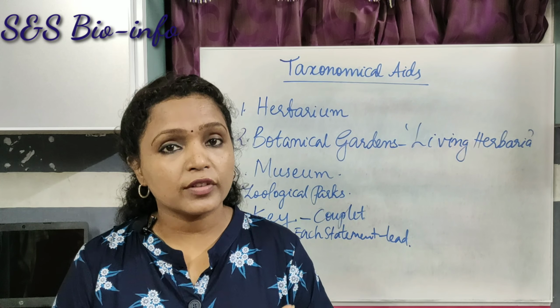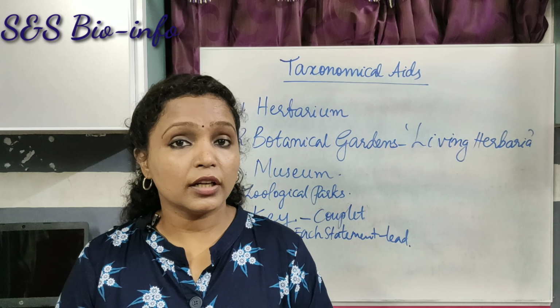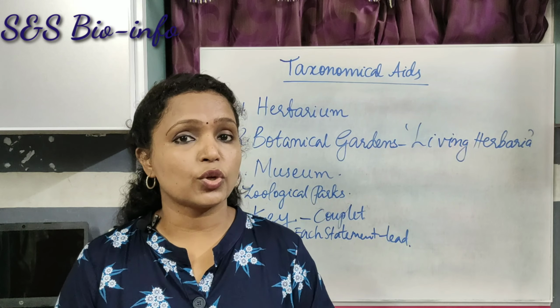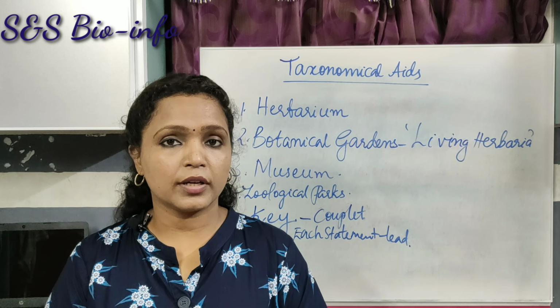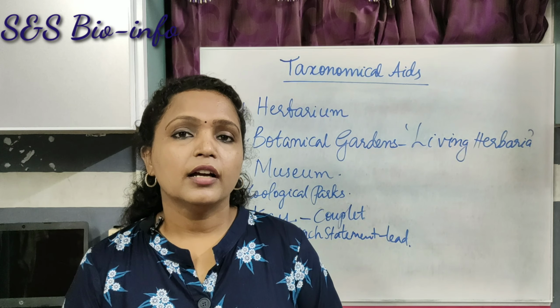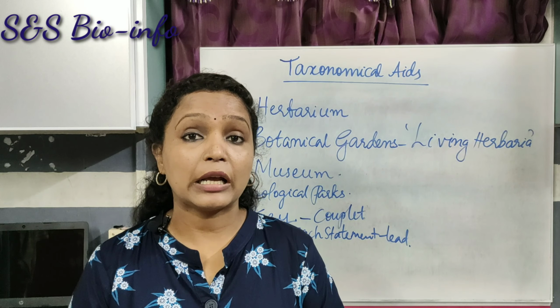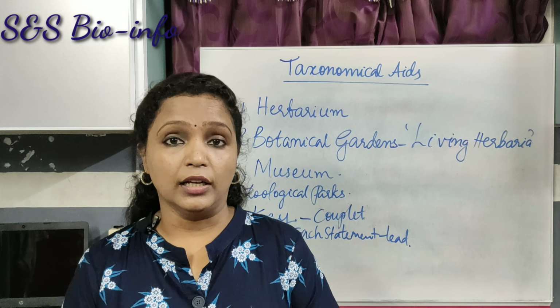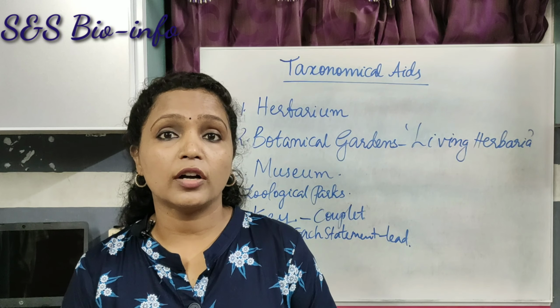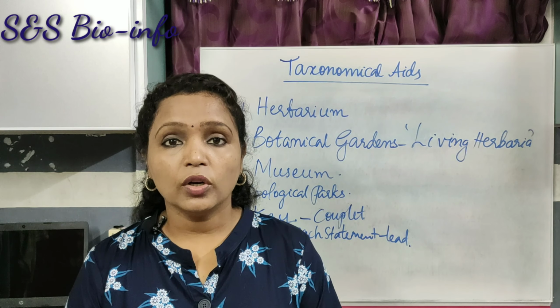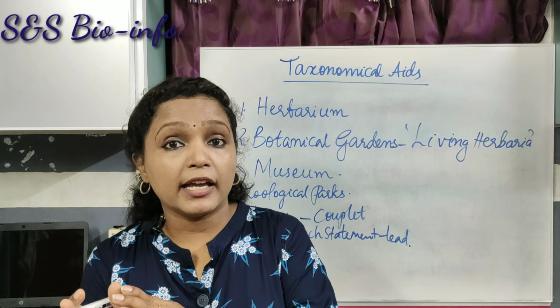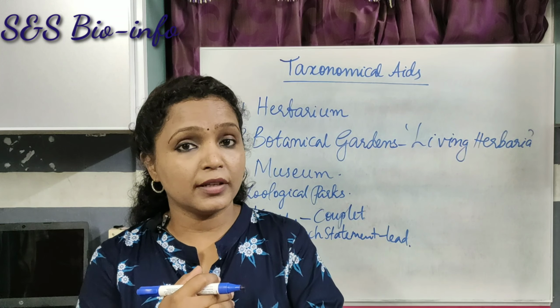There are different types of keys. Okay, this is a particular key that is based on yes or no answers. Here different taxonomic keys are required to understand more about the genus, family, species, order, class, etc. So each key is based on that particular taxonomic category.